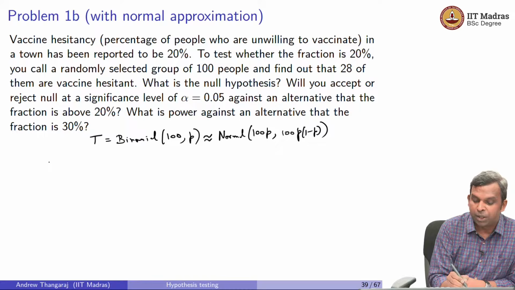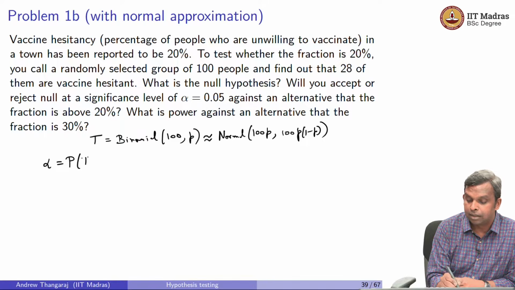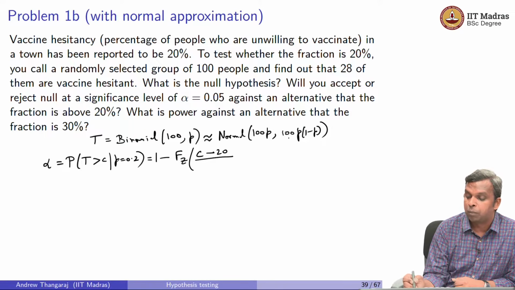Okay, so let's go ahead and do the calculation. Alpha is the probability of rejecting the null, that is T is greater than C, given that p equals 0.2. This is going to be 1 minus Fc of (C minus 100p, which is 20) divided by the square root of 100 times 0.2 times 0.8.